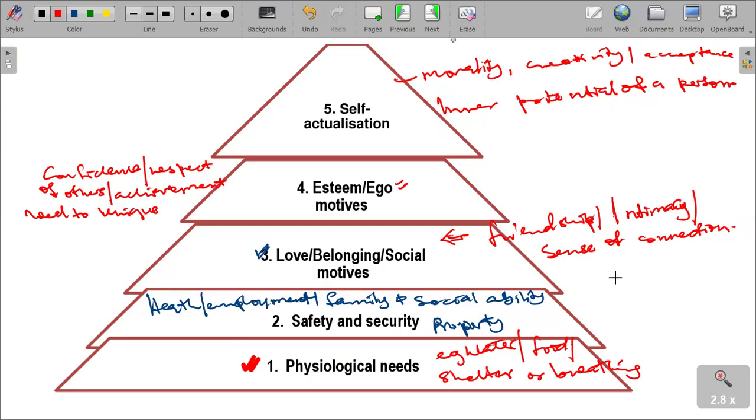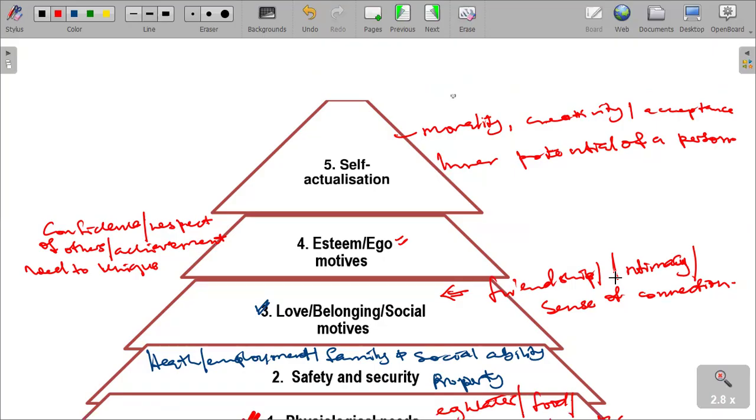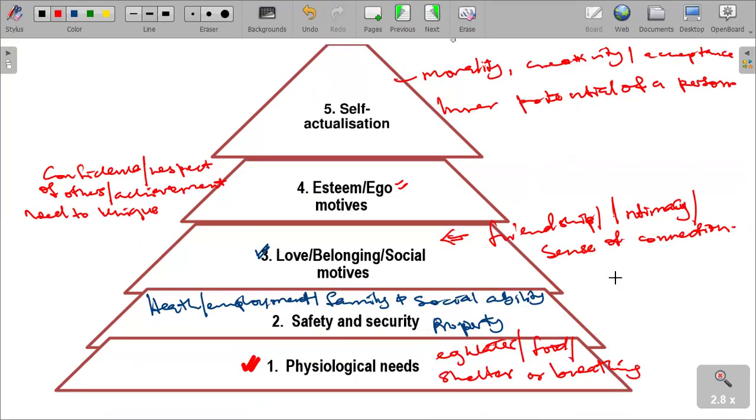So this is the question, this is the answer. The question wanted you to draw Maslow's hierarchy of needs, which you can show like this. It's a pyramid. Please understand that it is broader at the bottom, and it gets smaller as we go up the pyramid.